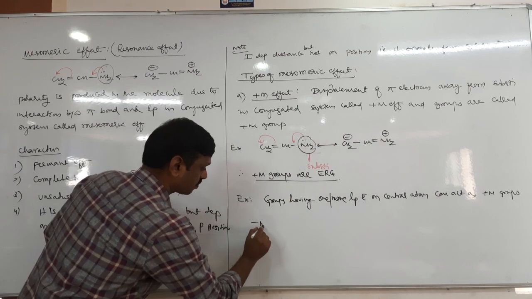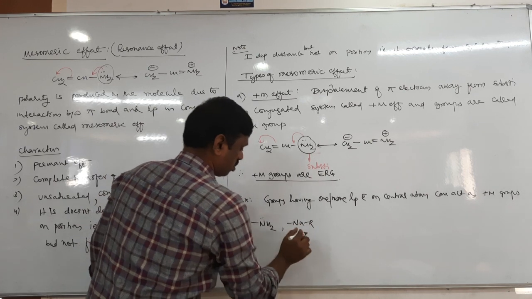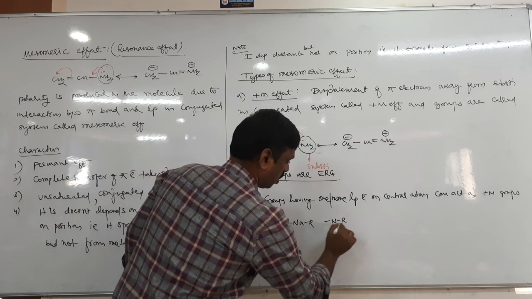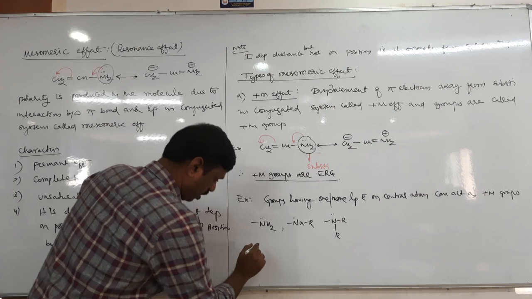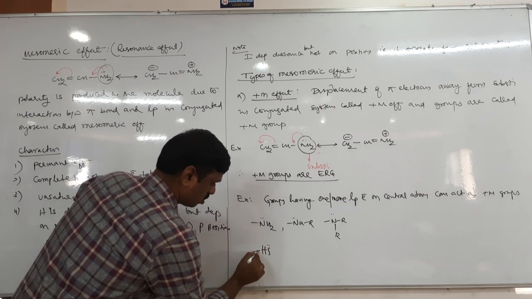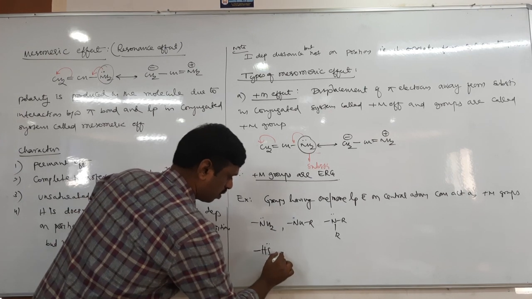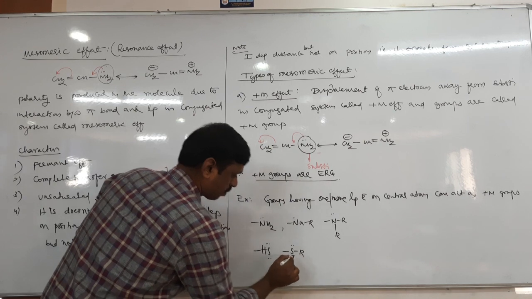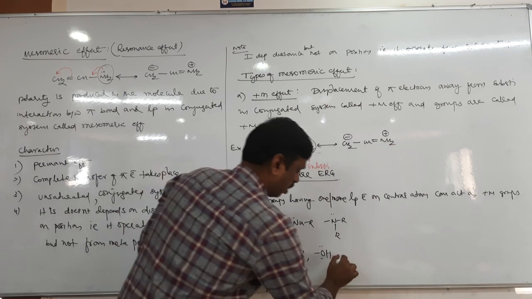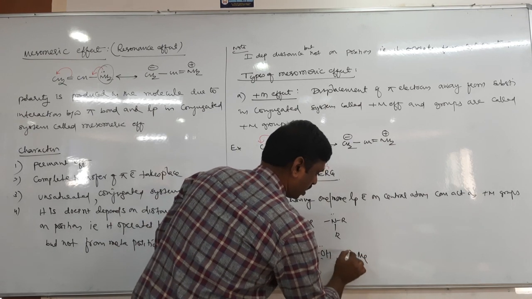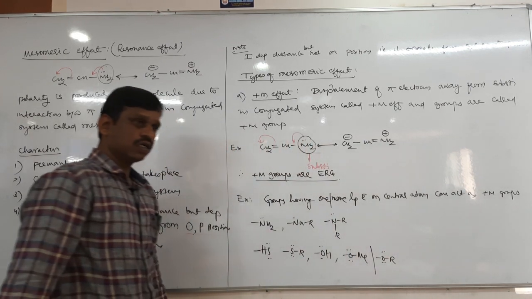Like amine, NH2 one lone pair, next NHR, NRR. Then SH, SR, OH, O methyl or OR, or any alkoxy group, oxygen has lone pair.